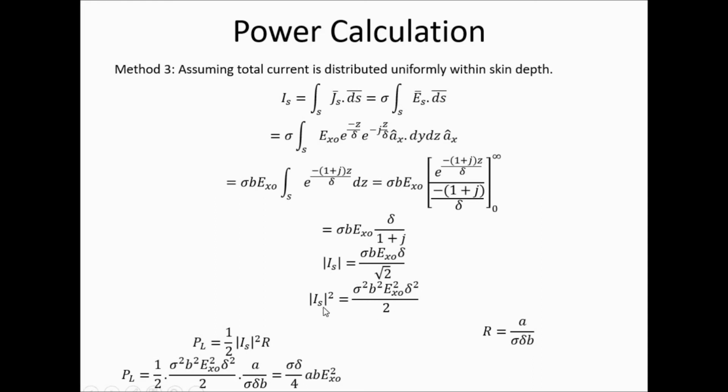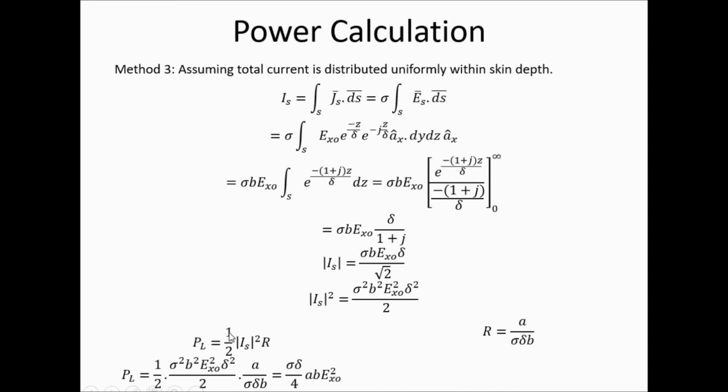Then we solve for I squared, because the formula requires I squared times R. We take half because this is the maximum value, so to get the RMS value we divide by the square root of 2. So we got I squared like this.